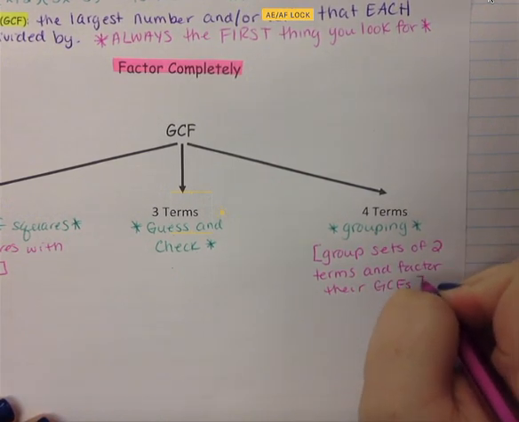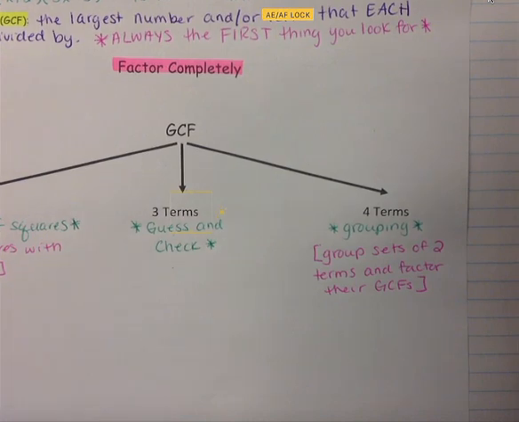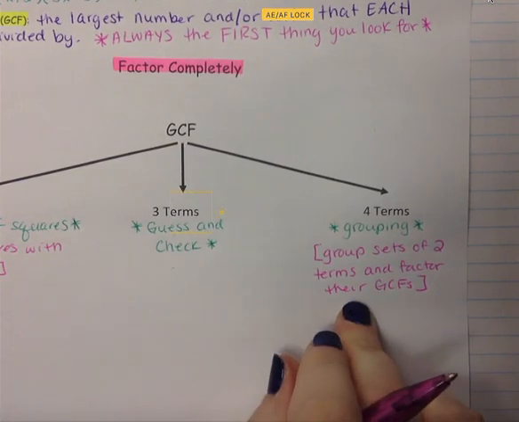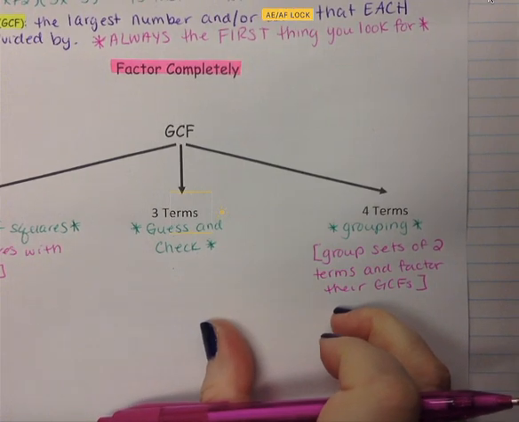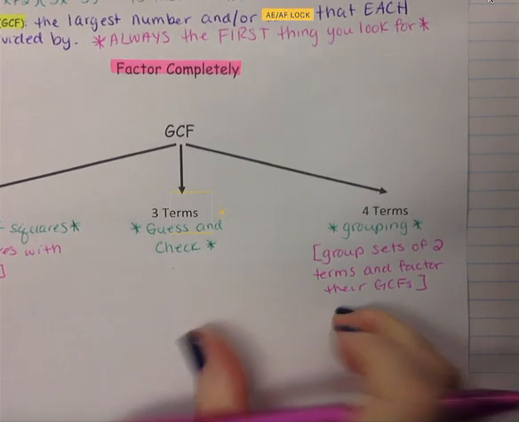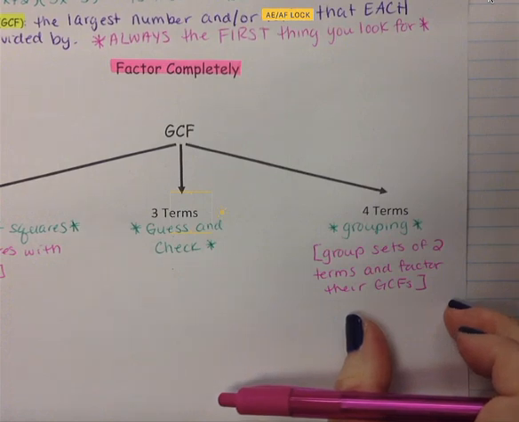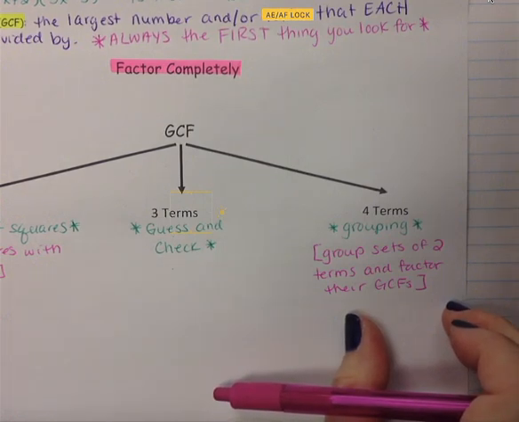So you've already factored out the original GCF, that's for the entire problem, but on four terms, you're then going to group two terms together, factor out the GCF of those two terms. You're going to have another group of two and factor out the GCF of those two terms, and then we'll end up having our answer.